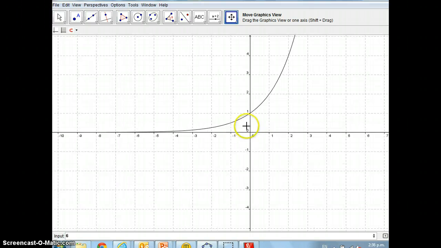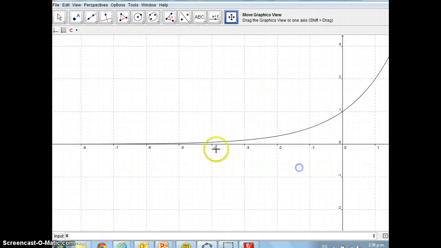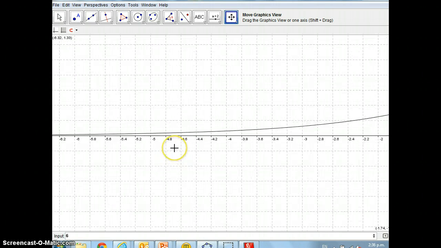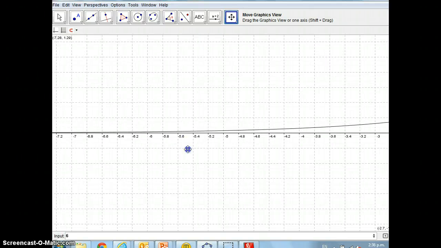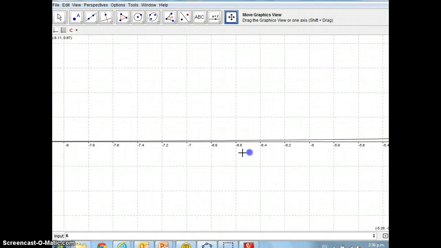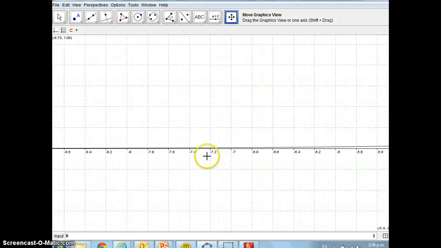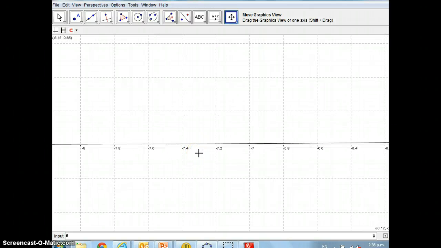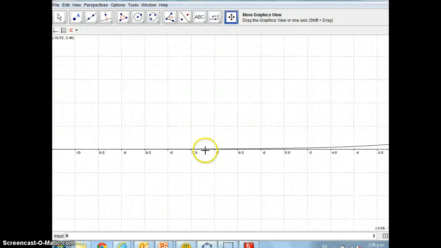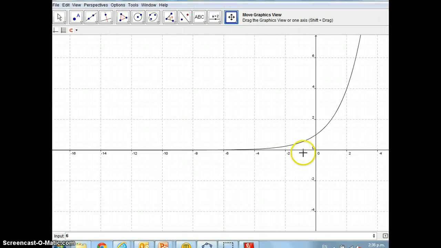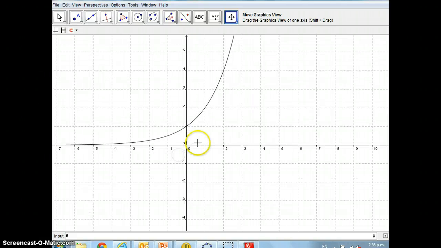I'll zoom in so you can see if it is an asymptote. If I zoom in and zoom in, zoom in, notice I can keep zooming in here. It'll never ever touch, right? It'll just get closer and closer but never ever touch. Zoom out. Okay, and then just check.